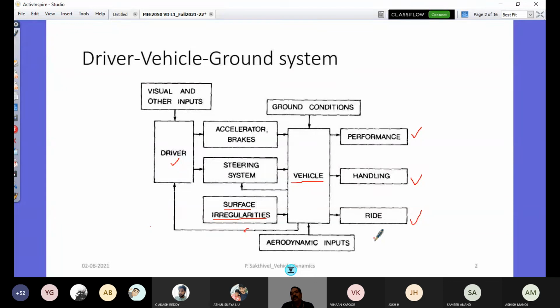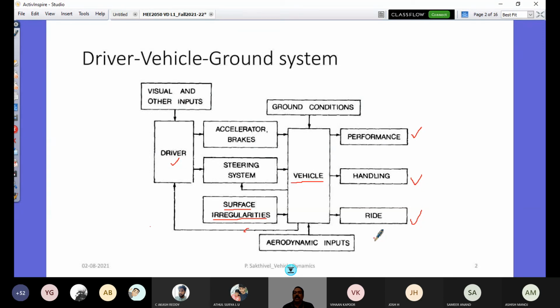So the vehicle ride aspects are looked at by vibrational models. We will study in our course the quarter car model, pitch and bounce model, half car model, where a vehicle can be made into a vibratory model in order to understand the inputs that come into the vehicle other than the driver, that is, from road condition or surface irregularities or the power plant, your engine and transmission system.